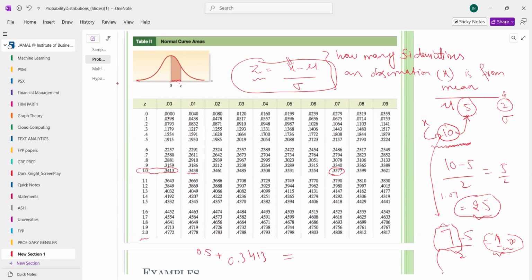So that will be the total probability that the z-score is less than 1.00 in this case. Or if you extend the table and start looking from 2.5, you will probably have a value for 2.5 as well.